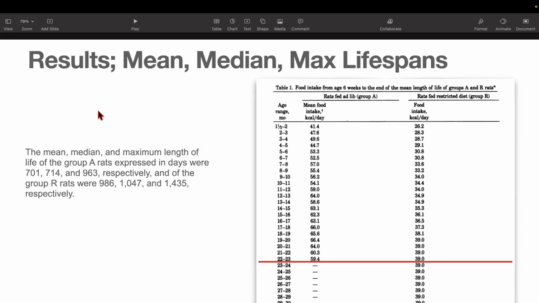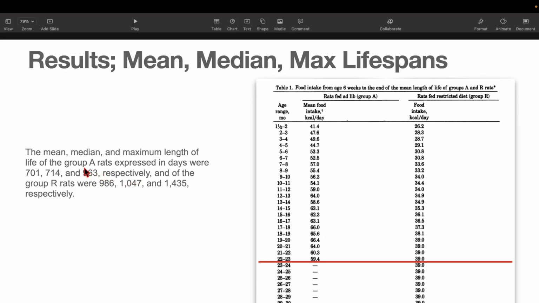Now, what happened to their lifespans? Just briefly, this isn't the main point of the study here, but essentially the restricted rats lived significantly longer than the ad libitum fed rats. So what they say here is the mean, median, and maximum length of life of the Group A, the ad libitum rats, expressed in days, were 701 days, 714 days, and 963 days, respectively.